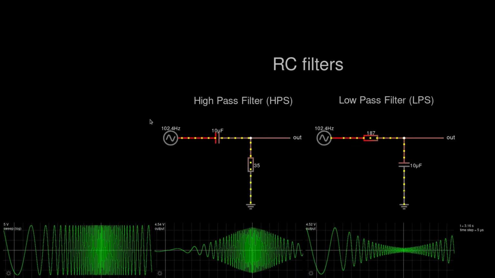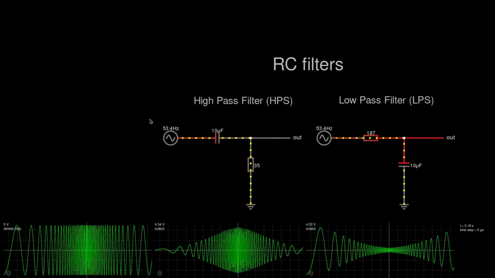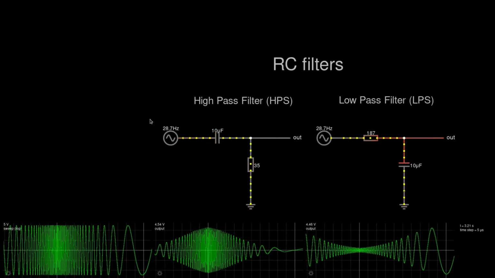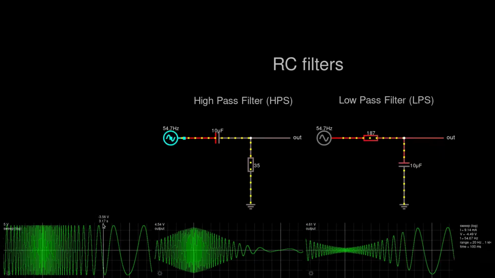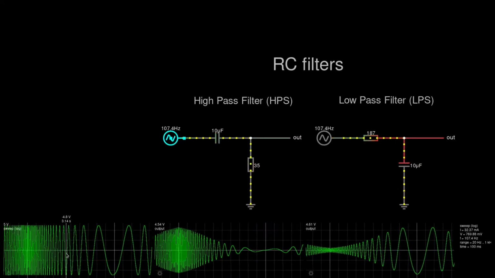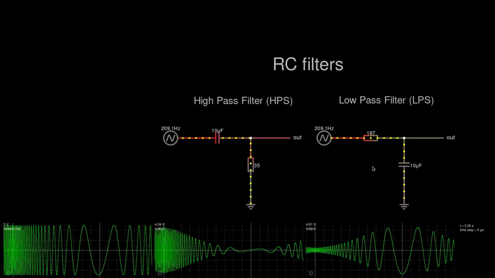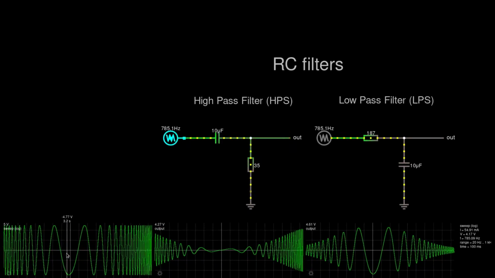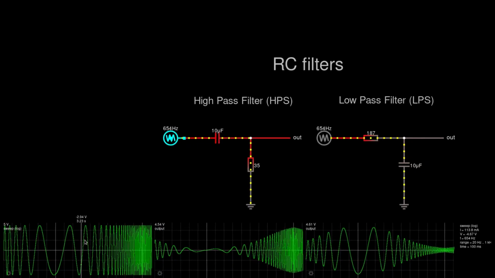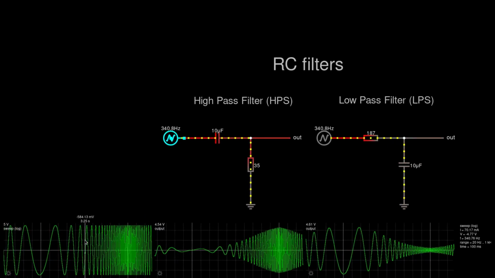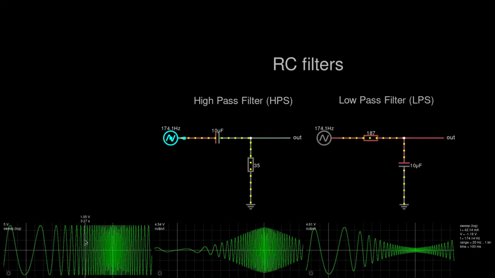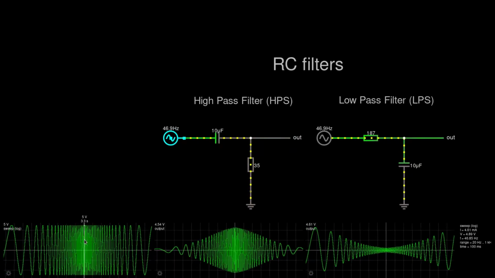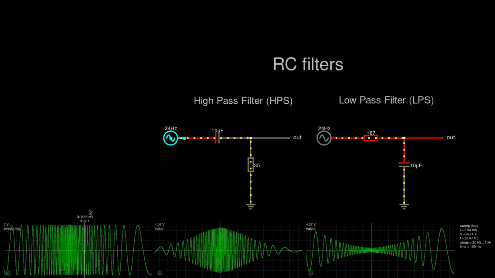First of all, filters. They filter out some frequencies. So this is the input frequency for both of the schematics or filters, the input signal. We can see I'm using a sweep generator, which is constantly varying the frequency.